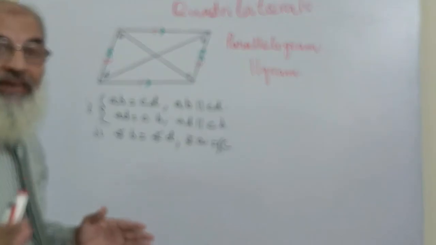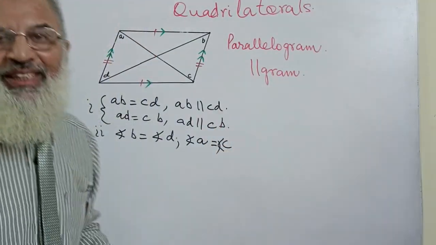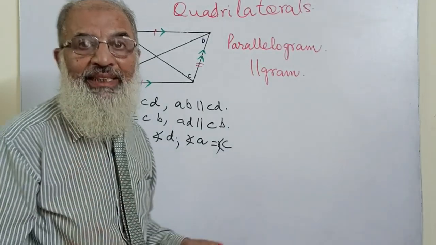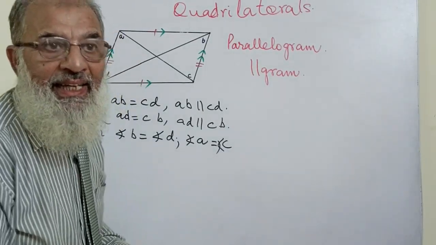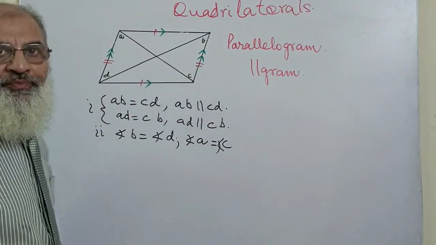Now what does bisect mean? You don't know bisect? Bisect means that they divide the line into two equal parts.